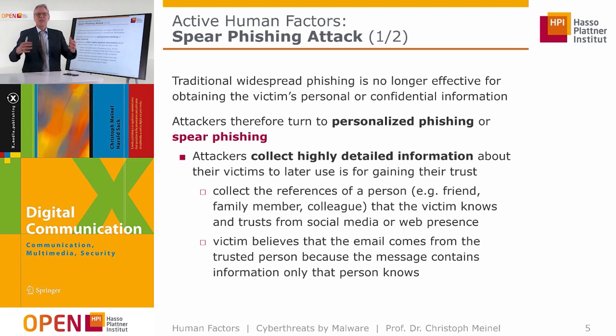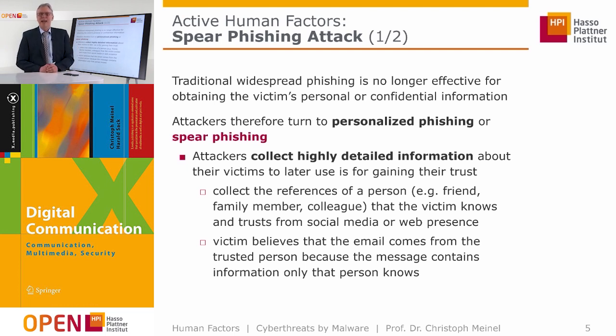So the attacker collects references of a person, for example, from friends, family members, colleagues who know the victim, and later on, when they formulate their phishing mail, they use this information, and the victim starts to believe that this email really comes from a family member or from a colleague, because no one else could know so much information.